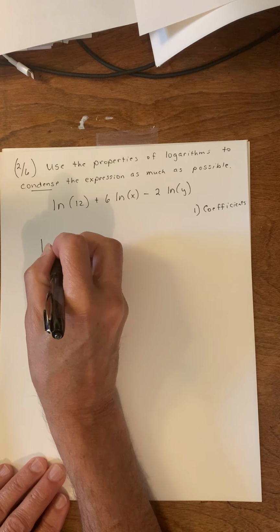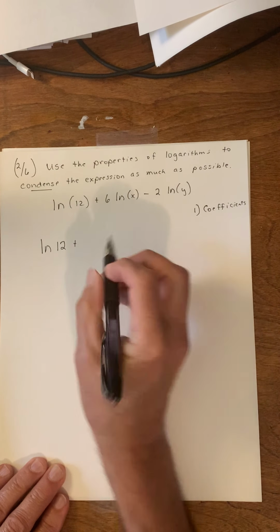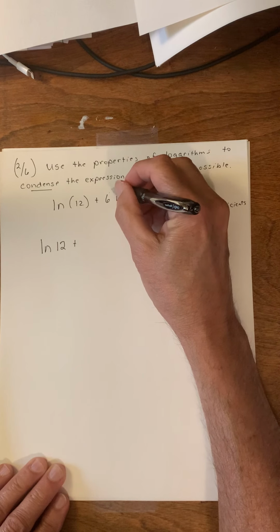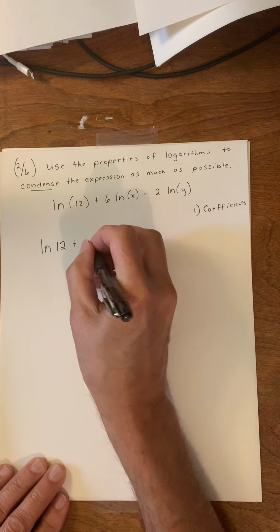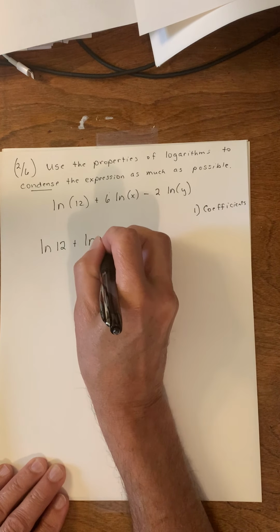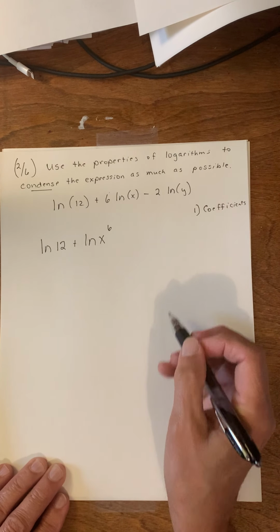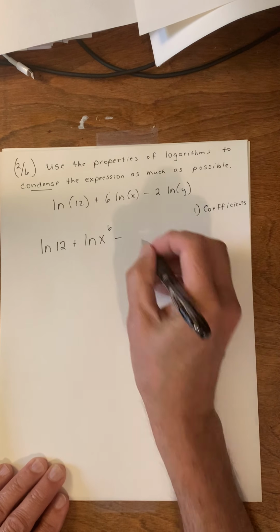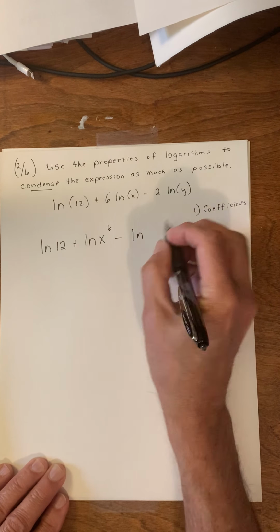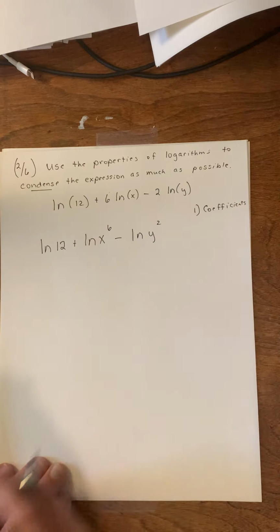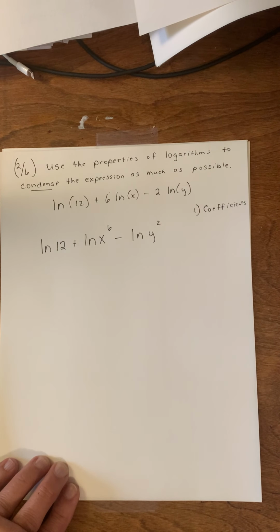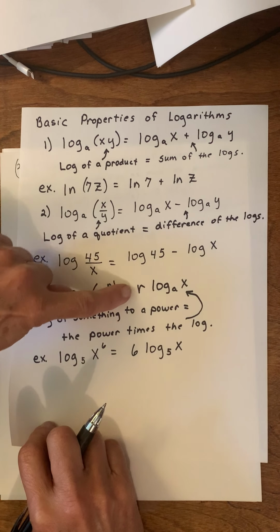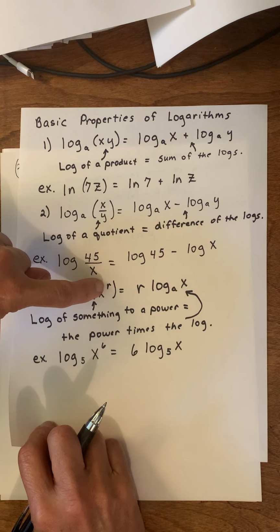So that's natural log of 12. Now this coefficient is going to become my exponent: natural log of x to the 6th. This coefficient is going to become my exponent: natural log of y squared. So we use the third property of logarithms, and we changed a coefficient into an exponent.